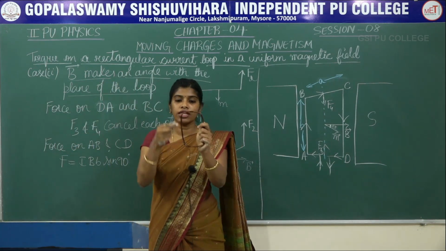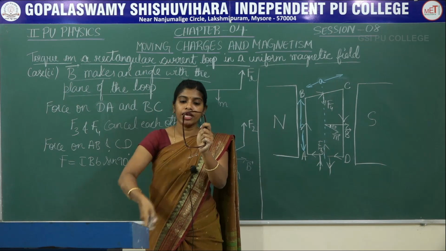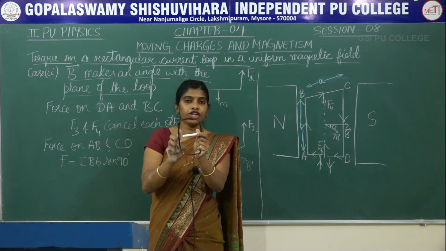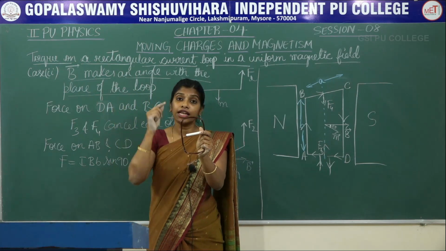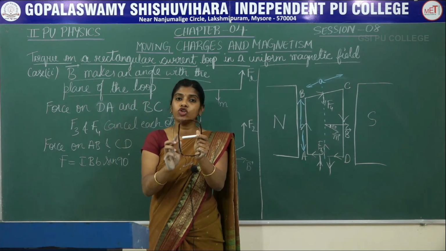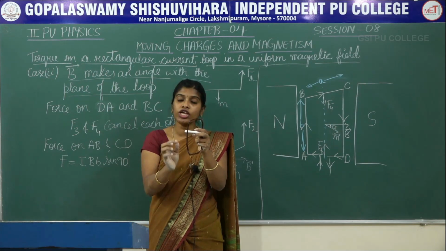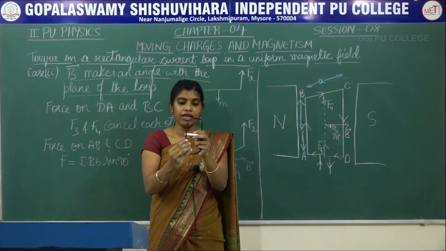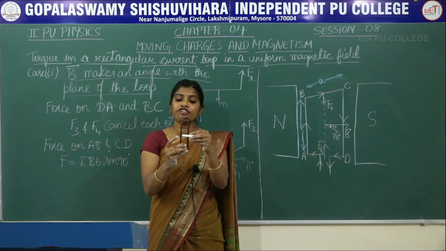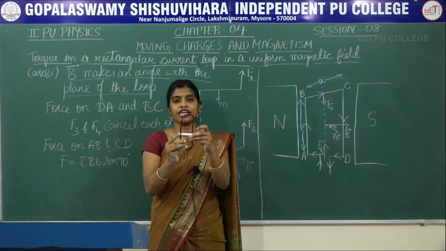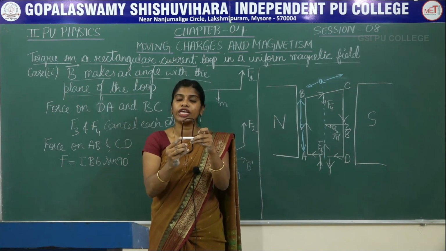Before, this is AB, this is magnetic field and they both are perpendicular to each other in the previous case. Now in this case, the loop is being rotated by some angle. Even though the loop is rotated by some angle, the magnetic field and the side AB are making 90 degree itself. That is, they are perpendicular to each other.